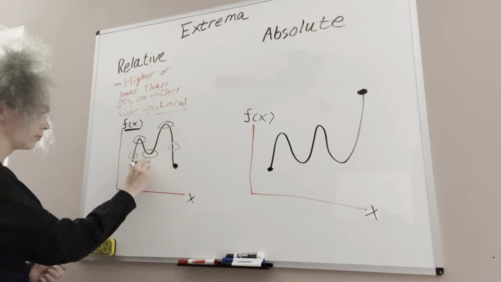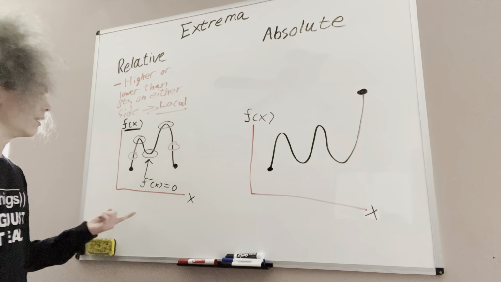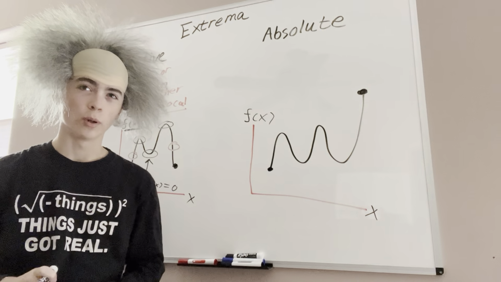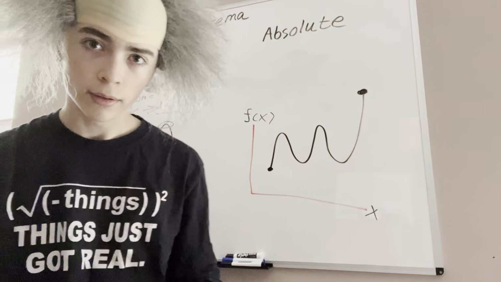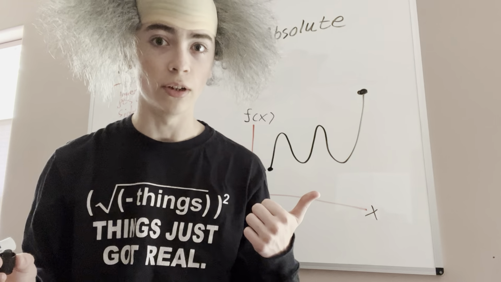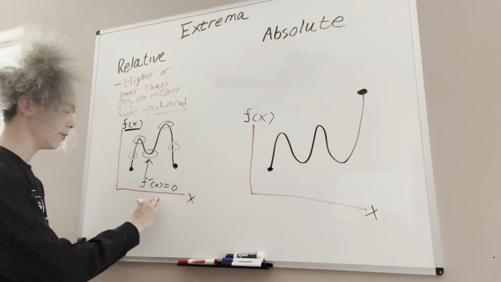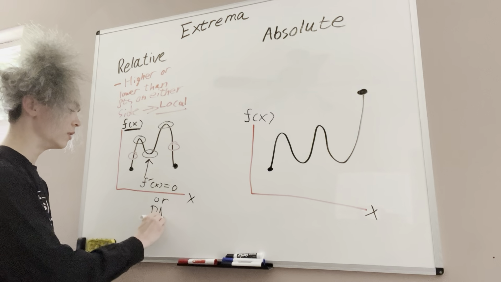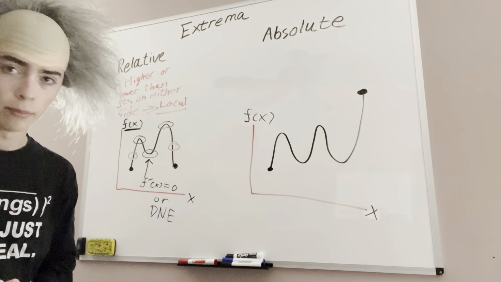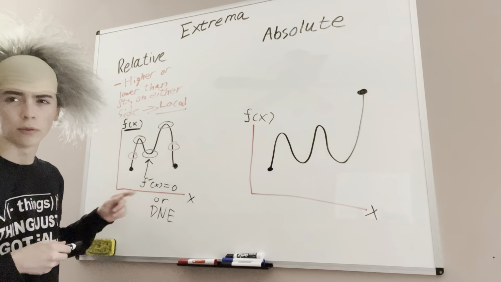So I'm going to say f prime of x is going to equal 0 here. It's a little more difficult to tell if your derivative doesn't exist. For the most part, remember calculus is a study of continuous change. We're not really going to be dealing with discontinuous derivatives most of the time. But you do have to know that the 'does not exist' condition is a possibility for your critical numbers in your extrema. But for here, most likely f prime of x is equal to 0.